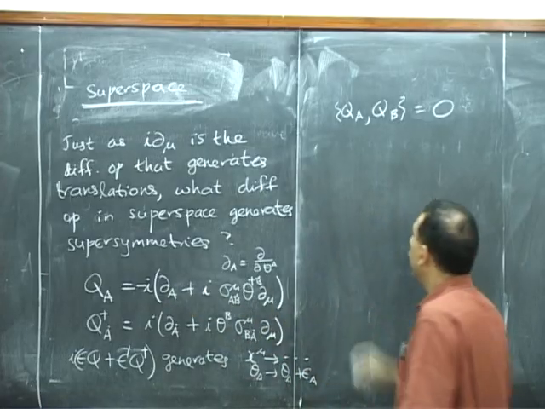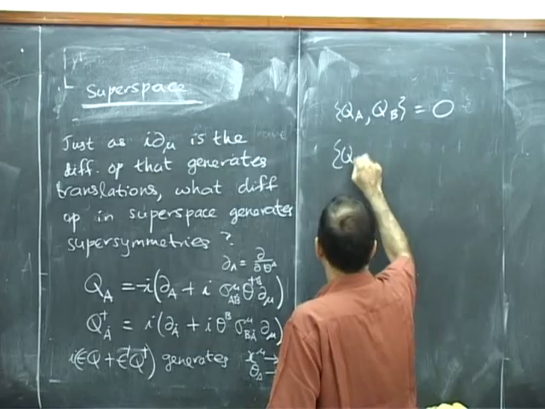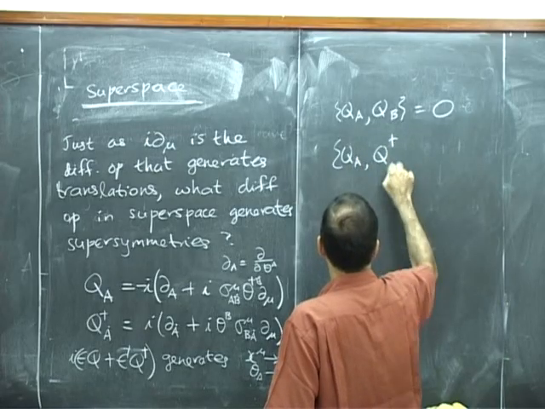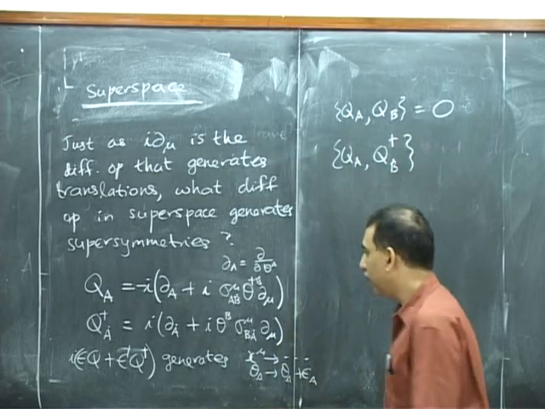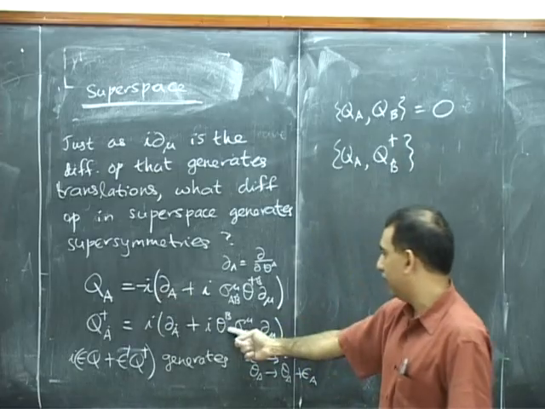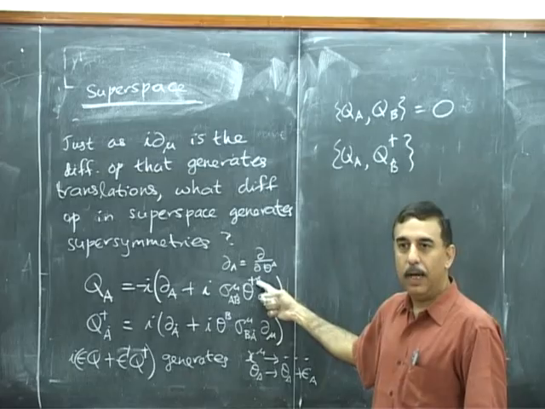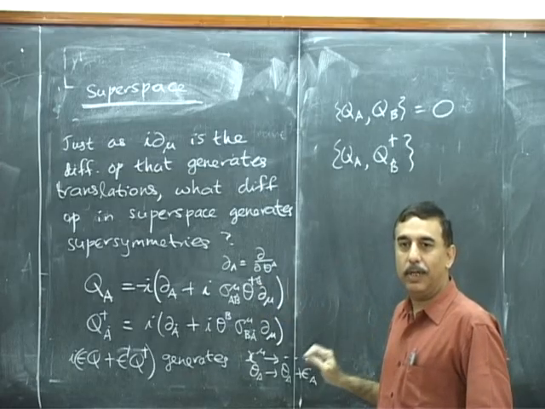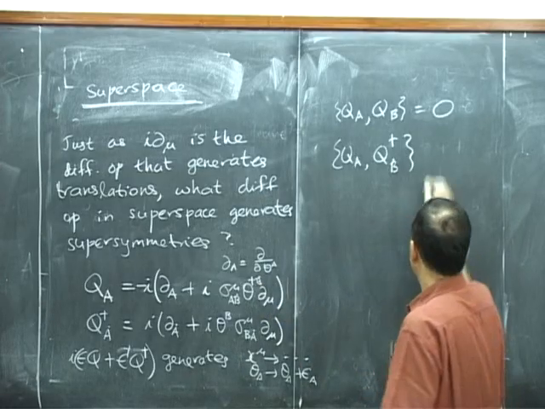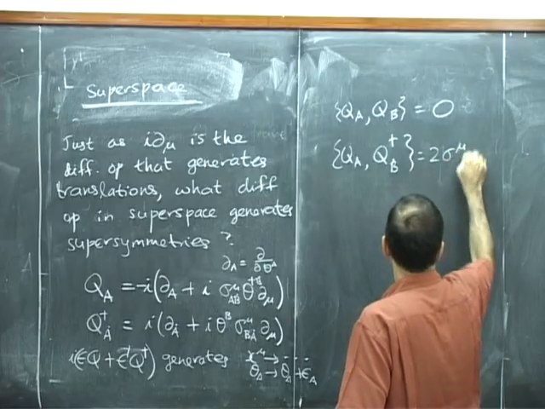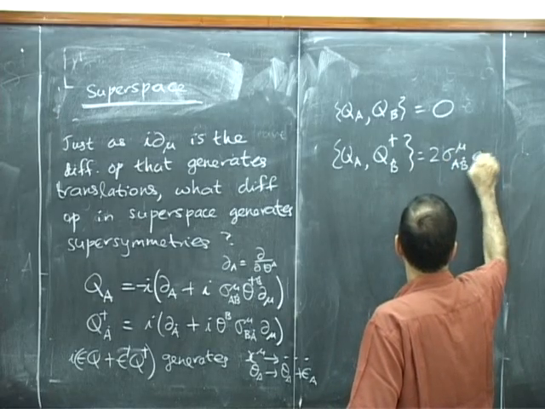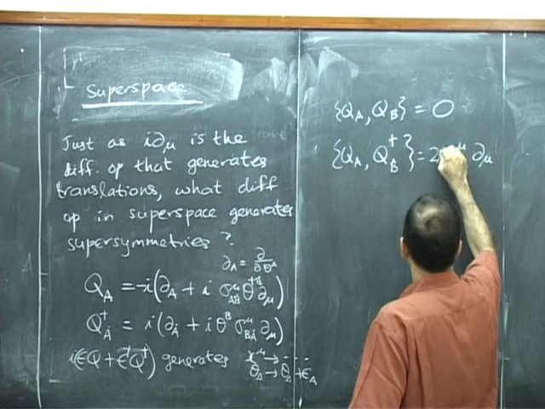And there's nothing here depending on x, so this del doesn't differentiate anything, so the anti-commutator with itself has to be 0. But if I take Q_A with Q dagger B dot, then it's different, because this del differentiates this theta here, and this del A dot differentiates the theta dagger there. And both the contributions add with equal amount and same sign, so that we get 2 sigma mu A B dot, so del mu with an i somewhere.